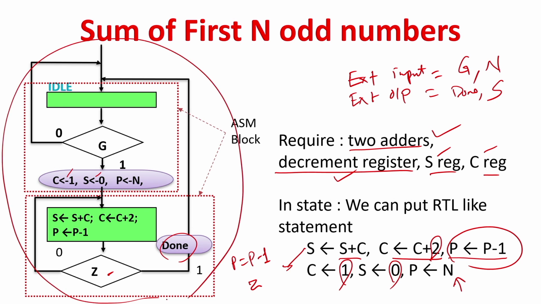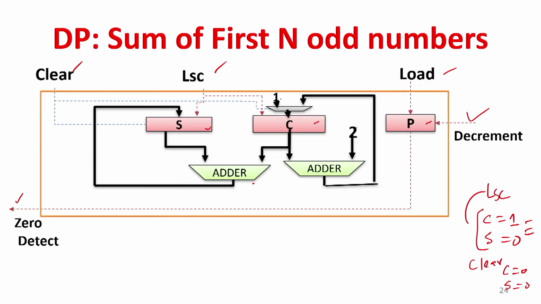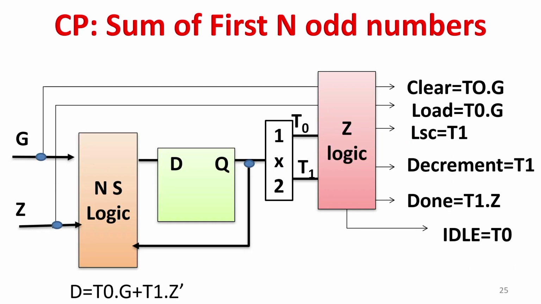Similar to the earlier case, we need to implement this. We need to generate all the outputs and the next state. There are two states clearly, so we need to generate the next state logic, and one D flip flop is sufficient, and the output logic.